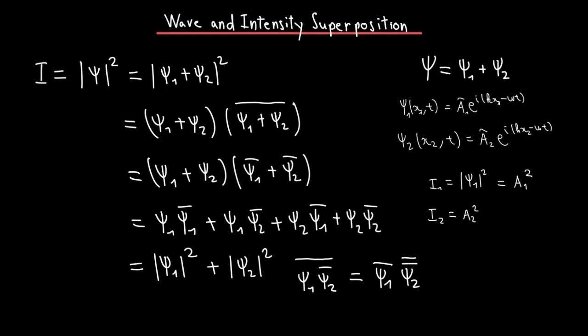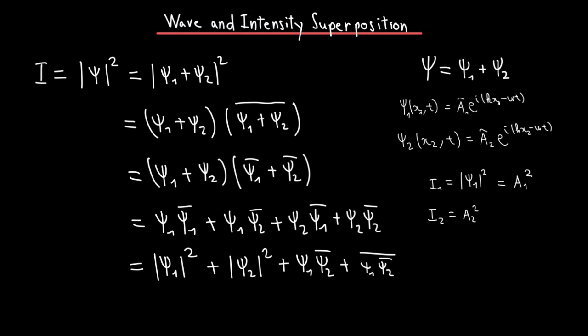So we have two bars over here. And the conjugate of the conjugate is just the complex number itself. So we have psi1 bar times psi2. But this expression is exactly the expression we have here. In other words, we can rewrite our expression as psi1 times psi2 bar plus the conjugate of psi1 times psi2 bar.